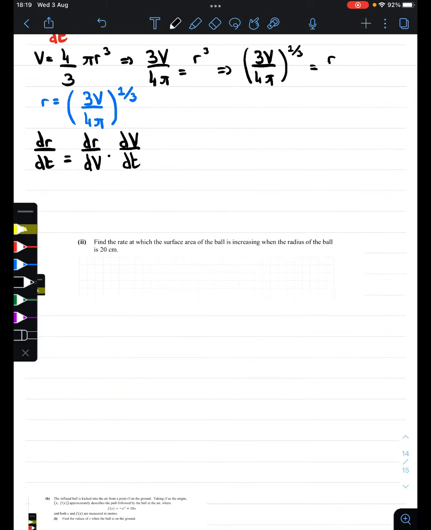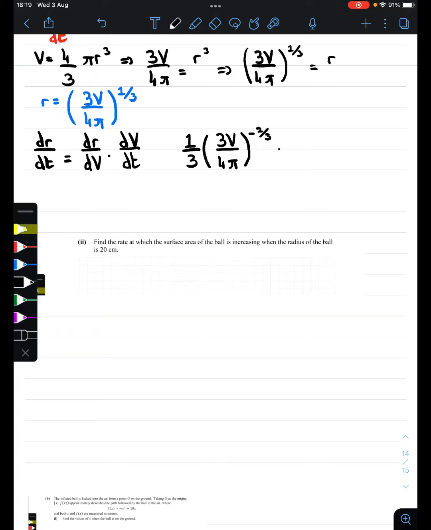So if we differentiate this formula for r, first we're going to bring down the power. So we'll get 1/3 by 3v over 4 pi, and then reduce the power by 1. So 1/3 minus 1 is just minus 2/3. And then we have to differentiate what's inside the brackets.